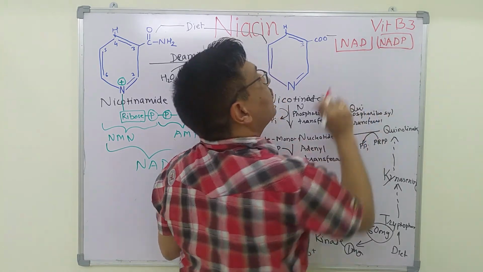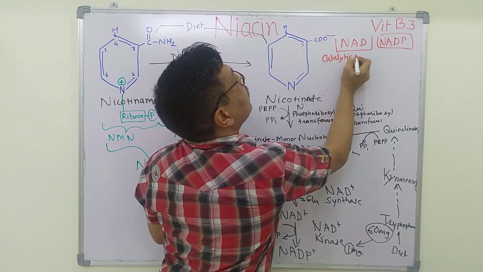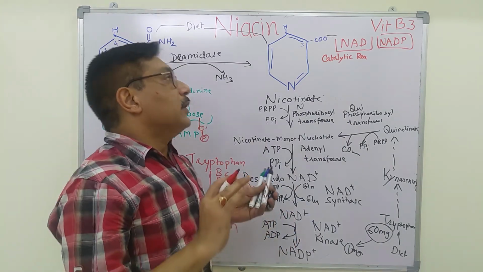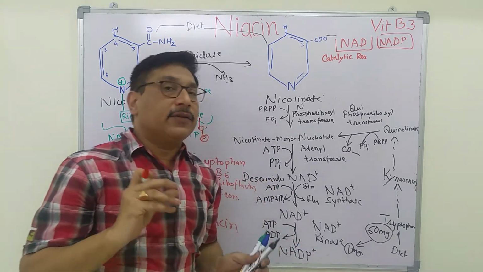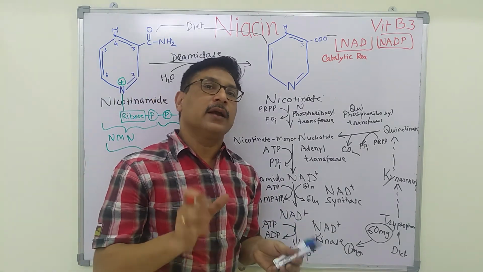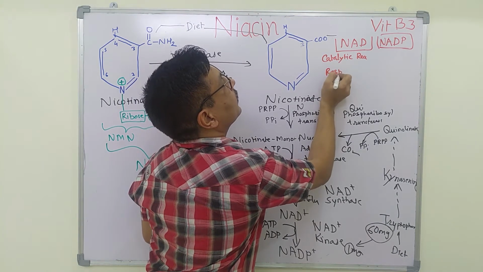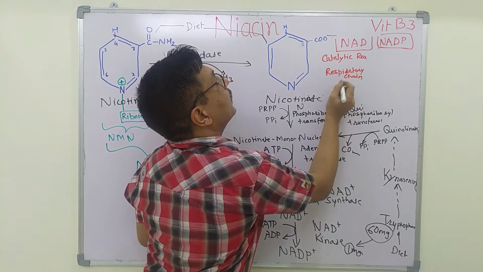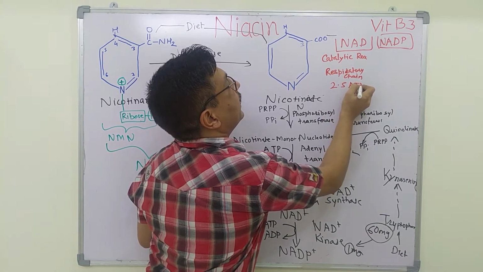NAD takes part in various catalytic reactions where it is converted to NADH and H+. Now this NADH, as we have already explained, acts as a mobile electron carrier in the cytoplasm. It is a water soluble electron carrier, and ultimately it is accepted by the respiratory chain or involved in cellular respiration, and it will generate 2.5 ATP.